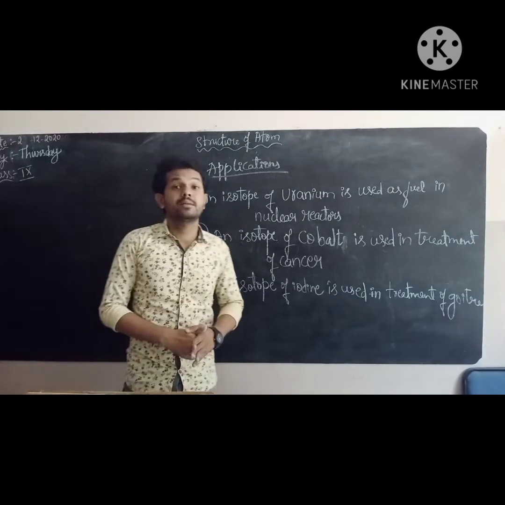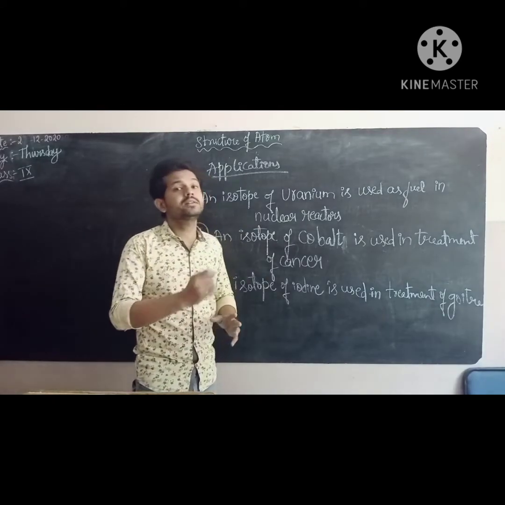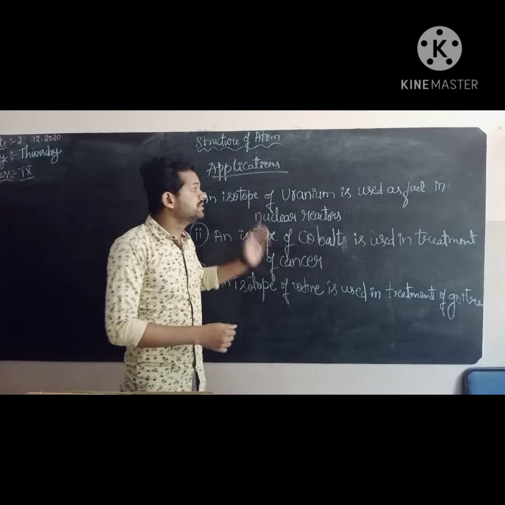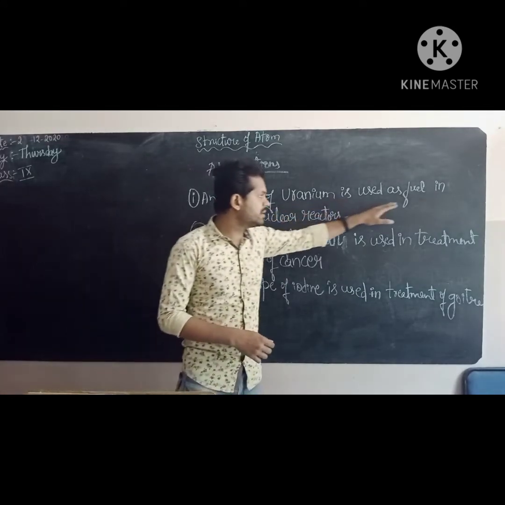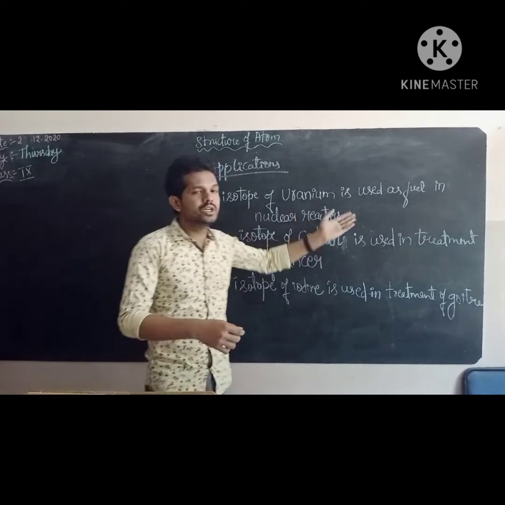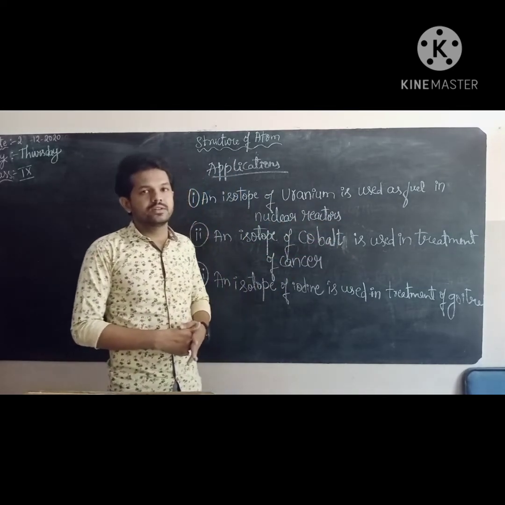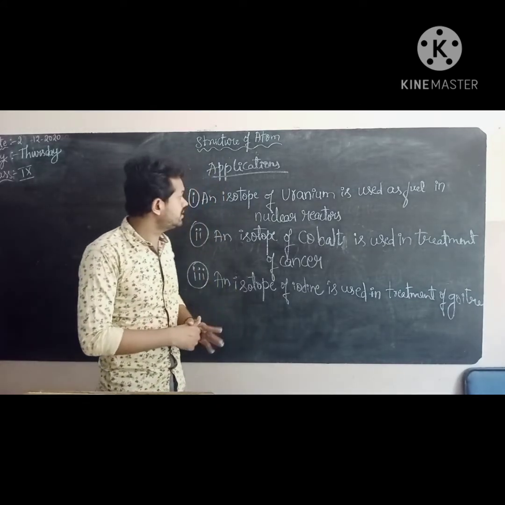Now we have medical applications for isotopes. Applications are nothing but uses. How the isotopes are used in different fields. Okay, an isotope of uranium is used as a fuel in the nuclear reactors. You know about the nuclear reactors from your younger classes, that is in 8th standard.